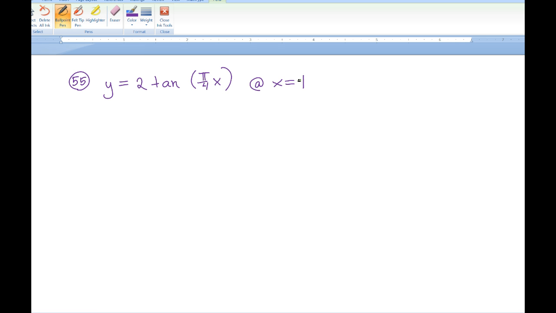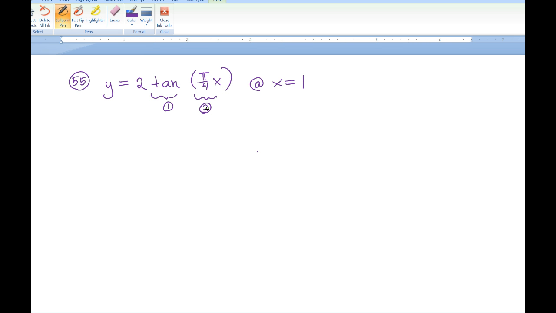Okay, so we have to apply the chain rule here. The outside is step 1, and then the inside is step 2. That helps us think outside versus inside. We only have to worry about the chain rule one time. We have the derivative of the outside, times the derivative of the inside. The 2 just stays there.